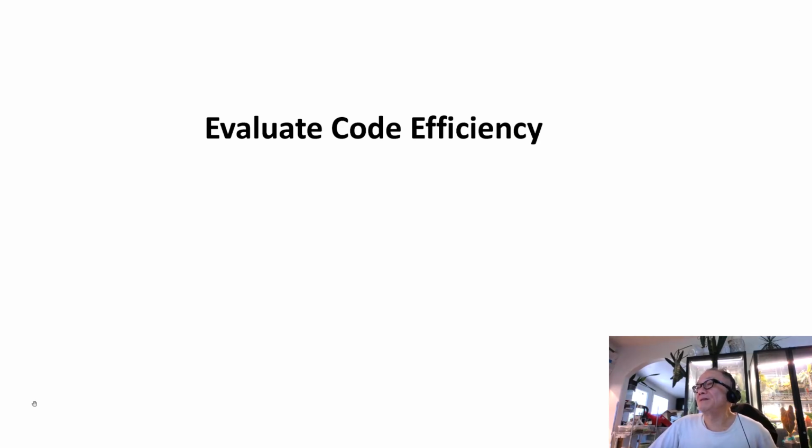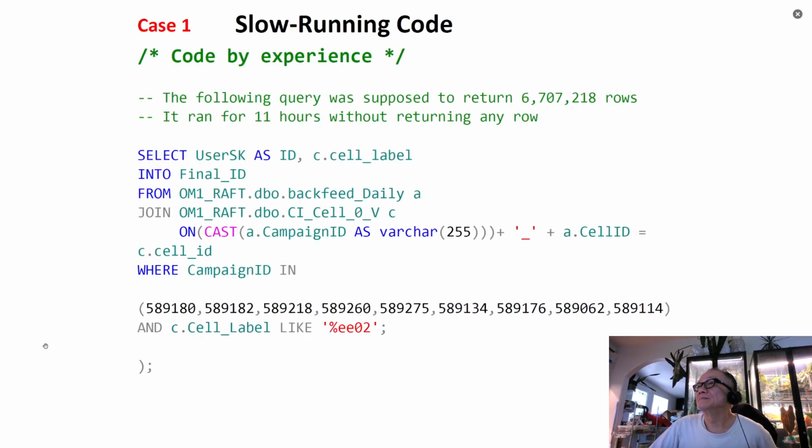The third area is about the code efficiency, and we will look at two use cases. In the first use case, we are looking at this query. This query doesn't look very sophisticated, but the performance was horrible.